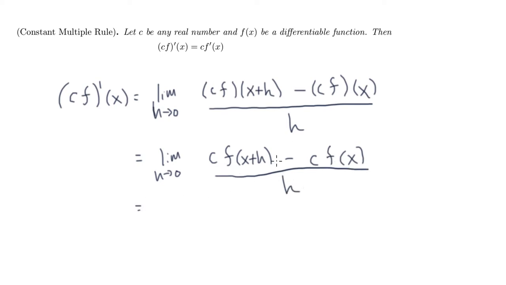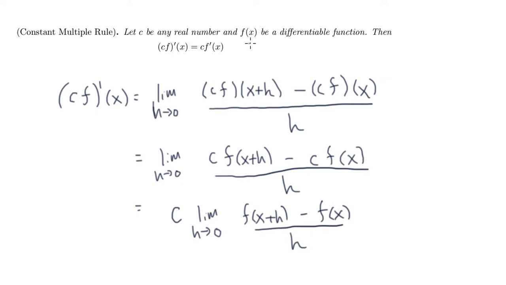But I can factor out a c here. And using the limit laws, I can actually factor it all the way out, outside of the limit, because the limit of c is just c. So it's c times the limit as h goes to 0 of f of x plus h minus f of x, all over h.